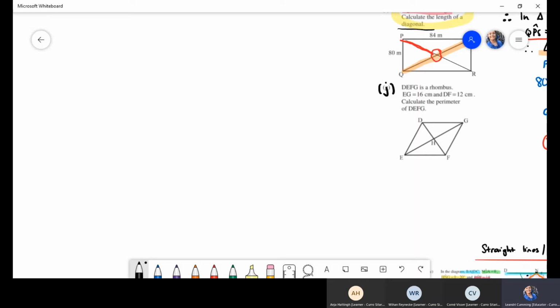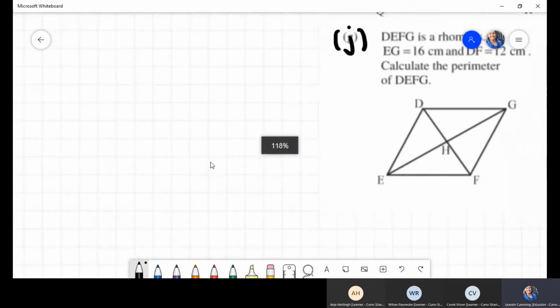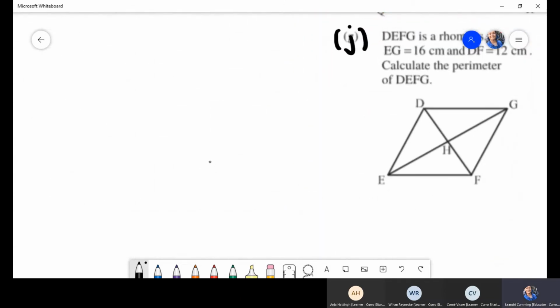What we do know about a rhombus, so there are several things that we can say about a rhombus now, right? Is that we may perhaps just look at those diagonals first. So let's zoom in a little bit and let's see what can we take from this. If it's a rhombus, then I should know, knowing the properties, that the diagonals of a rhombus, what do they do? The diagonals bisect.